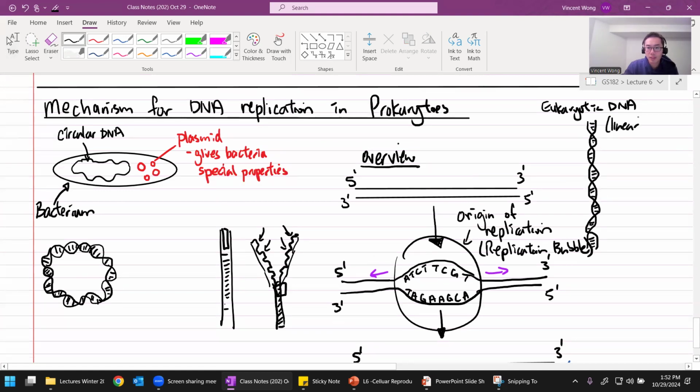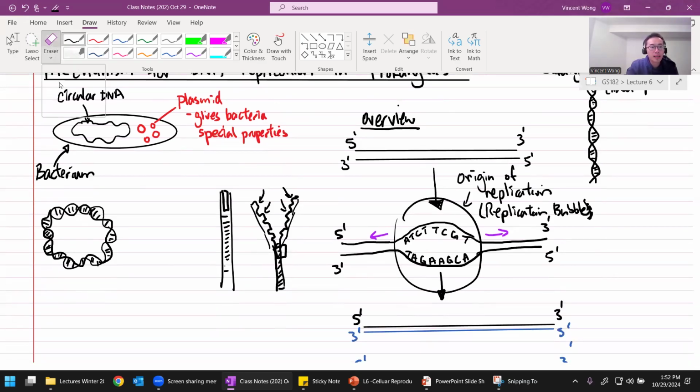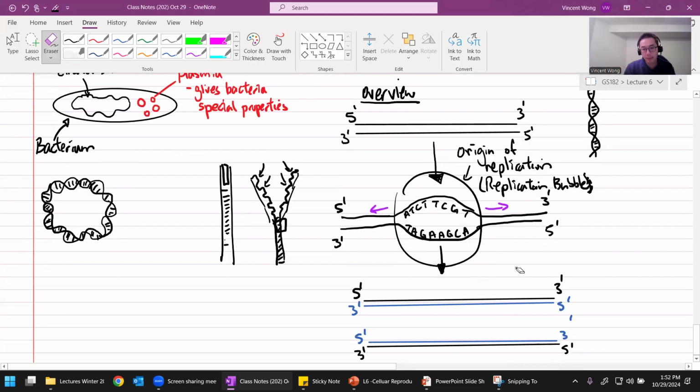This picture is just telling you that the eukaryotic DNA is linear, and prokaryotic DNA is circular. Okay. After we form the replication bubble, it will expand, and eventually we will be able to create the two separate strands.